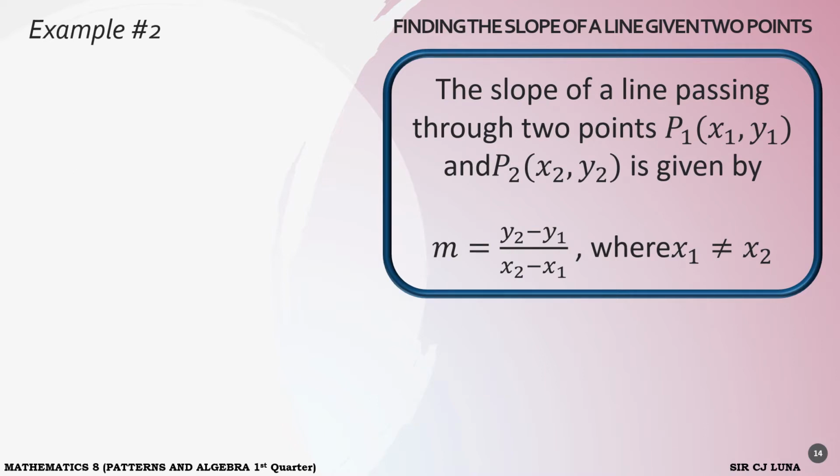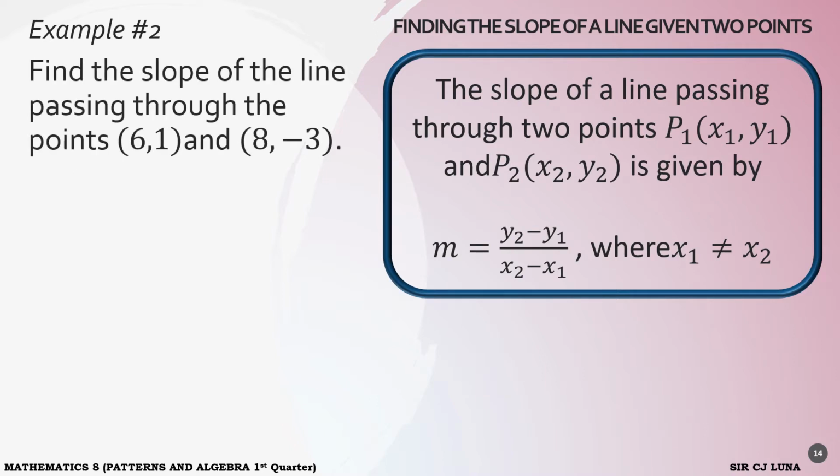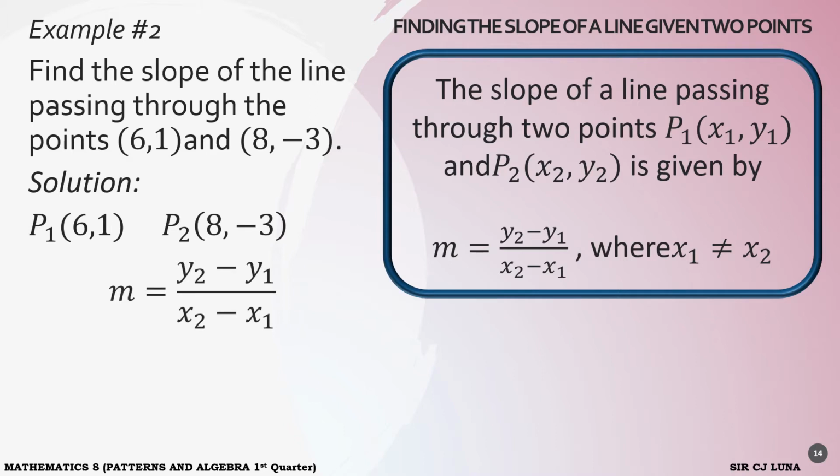Example number 2. Find the slope of the line passing through the points (6, 1) and (8, negative 3). So we have these 2 points. And our formula is equal to y sub 2 minus y sub 1 all over x sub 2 minus x sub 1. Y sub 2 is negative 3 minus y sub 1, 1.